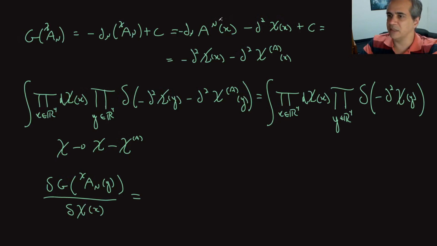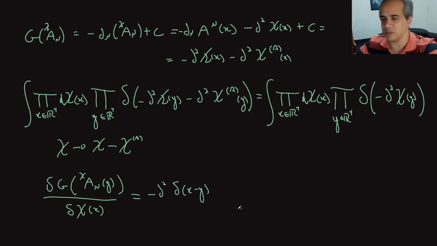In any case, none of these other values really depend on chi. Only I have this second derivative, which will now act on a Dirac delta of x minus y, because these are different coordinates. And I'll just baptize these as this operator that depends on x and y.